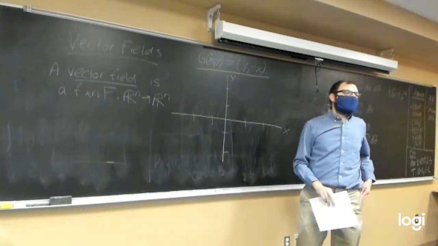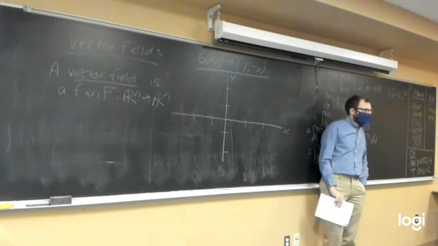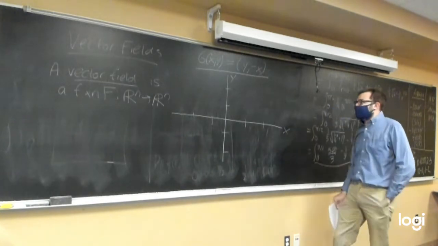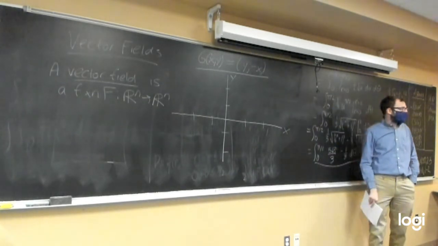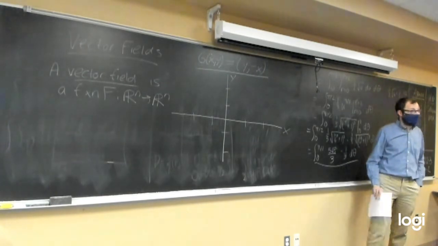Dr. Gerstel, I thought you said we couldn't graph functions from R2 to R2. We can, we just have to be a little bit crafty about how we're going to graph these. And the way we're going to graph this function is going to be a little bit different than the way we graph functions back in, say, Standard 6.